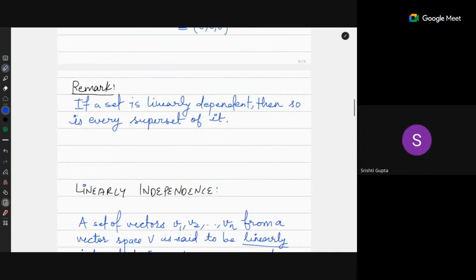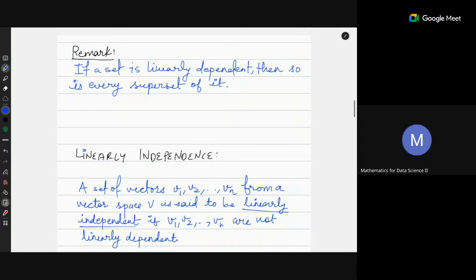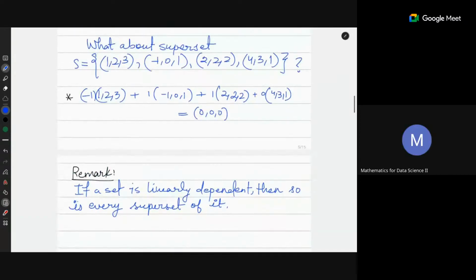Sir, can you explain this again? Explain what? Superset? Right. I already have 3 vectors that are dependent. So you understood this point, right? That the first 3 vectors of this set are dependent. Now I have added one new vector to it.